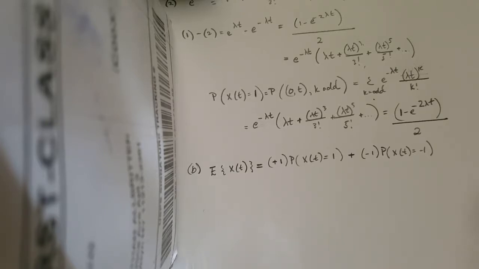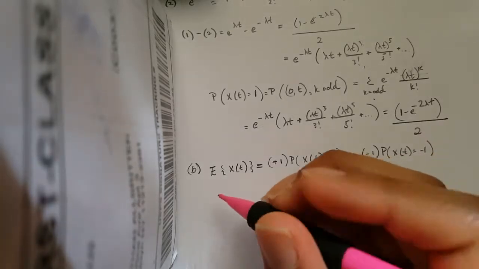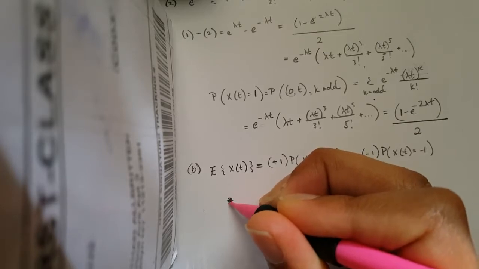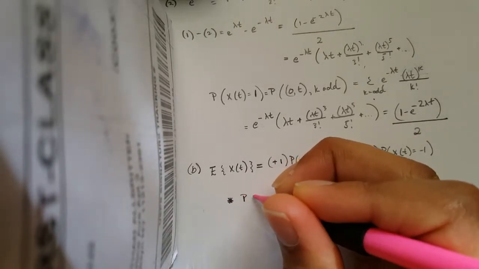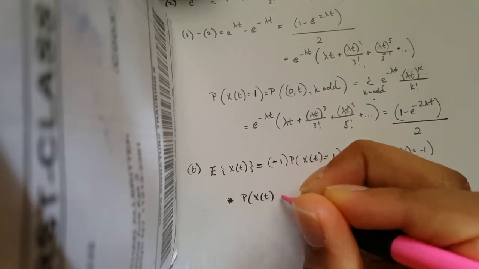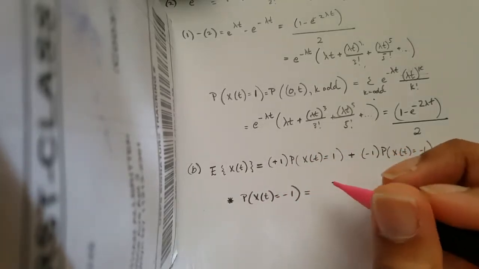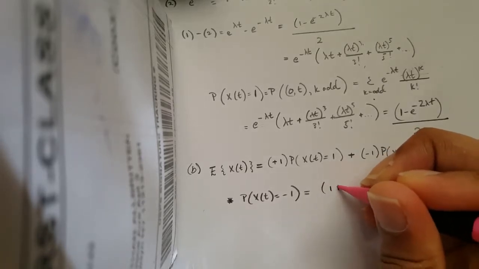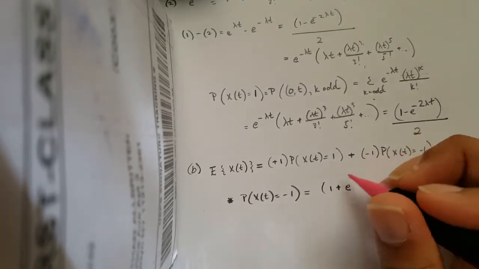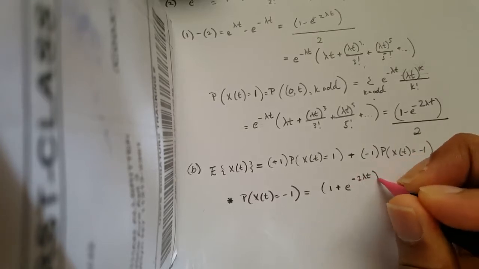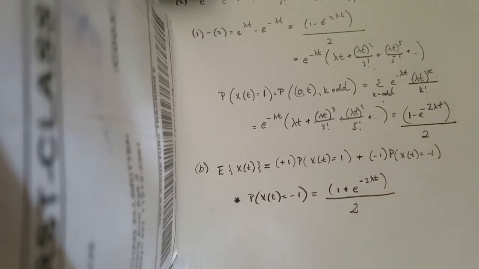Now the probability of x of t equaling -1 we didn't do here, but I'll put this down here as a little footnote. This is equal to 1 plus e to the -2 lambda t over 2, just a change from minus to plus.